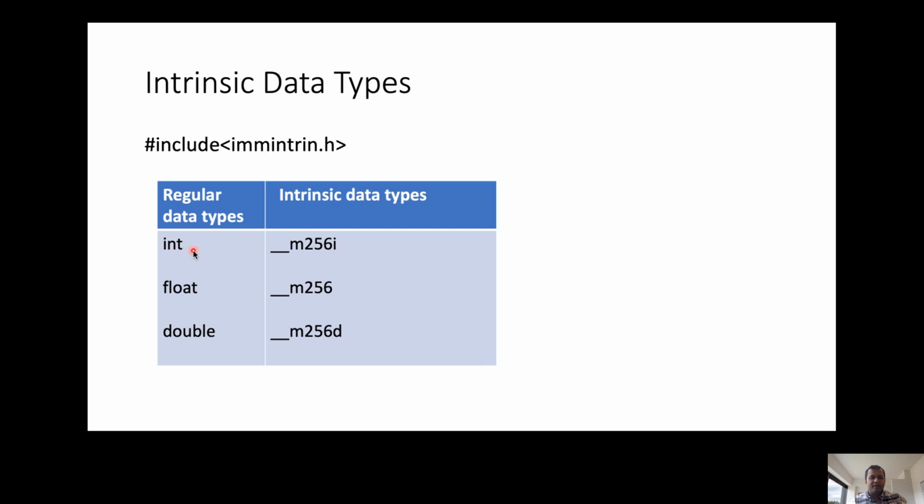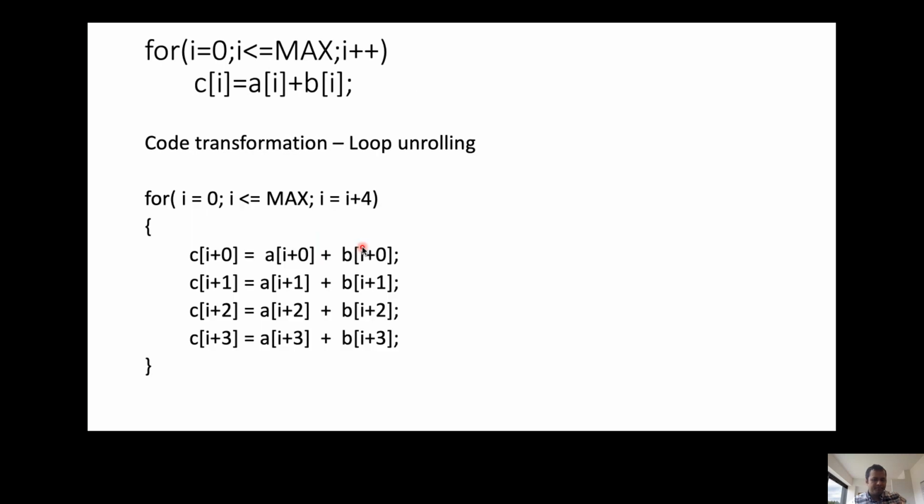So you can say __m256i and a variable name. Now let me talk about loop unrolling, because once we understand loop unrolling, it is easier to convert scalar code into vector code.